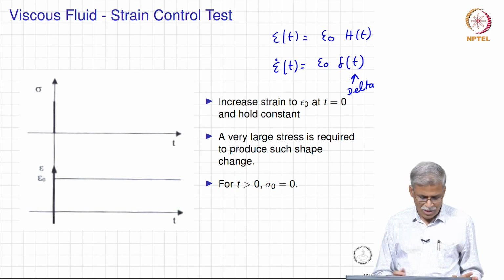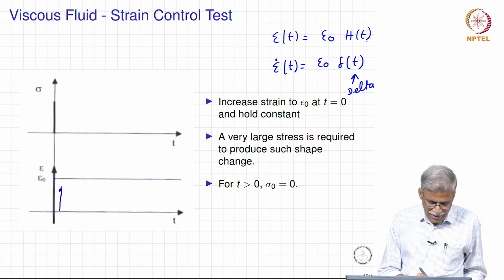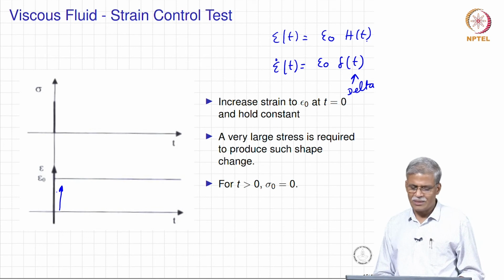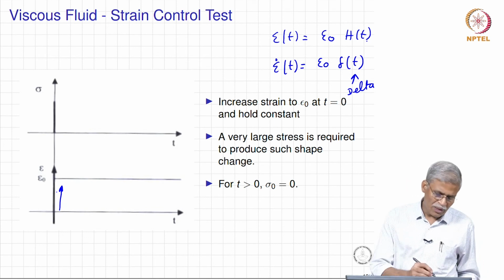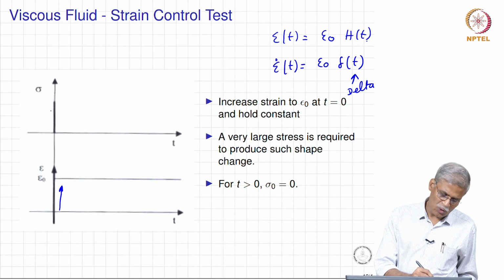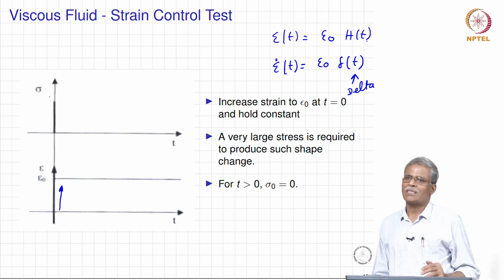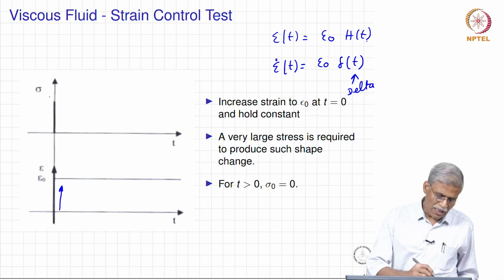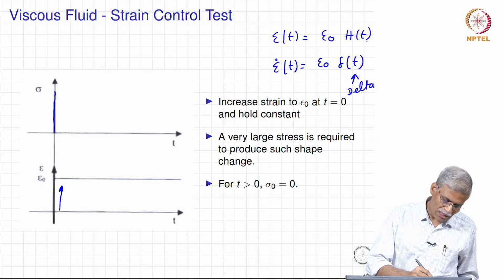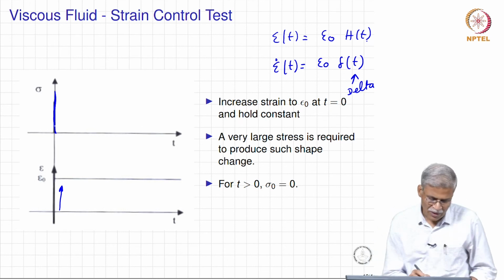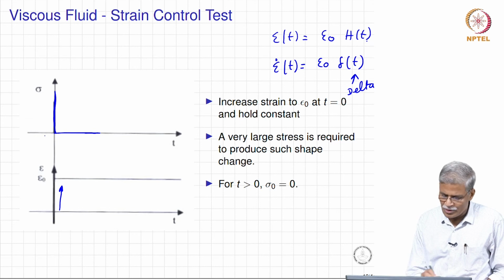So, if I have to conduct an experiment like this on a viscous fluid, the force that is required to cause that deformation is infinite, and it is going to shoot up like this and then come back, and it is going to remain 0.